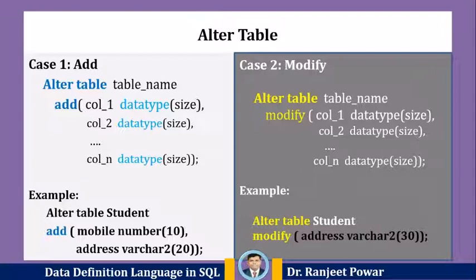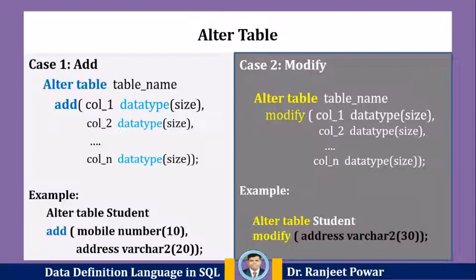There are two cases given, add and modify. In the add case, the alter table command can add a new column to an existing table as shown in the syntax. You can add one or more columns at a time. In the example, you can see mobile and address columns are added to the student table.